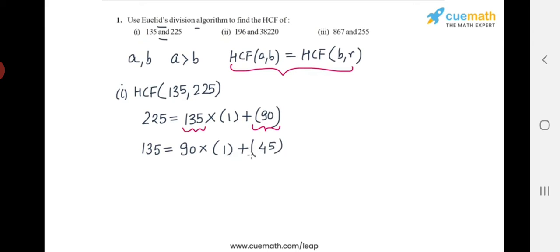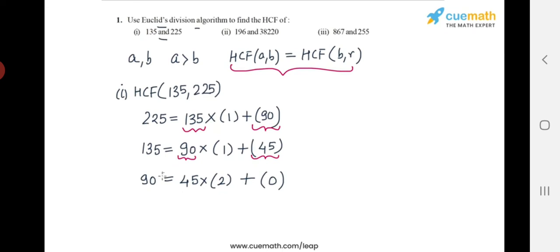Because the remainder is once again non-zero, we will have to apply Euclid's division lemma again, and this time we'll apply it to the pair of numbers 90 and 45. So in the next step, we will get 90 is equal to 45 times 2, and because 45 times 2 is 90, we get a remainder of 0.